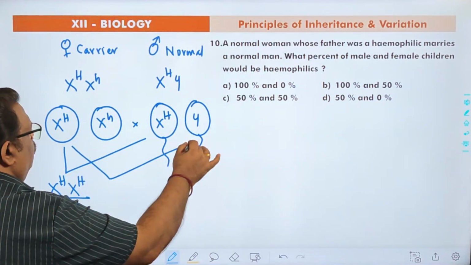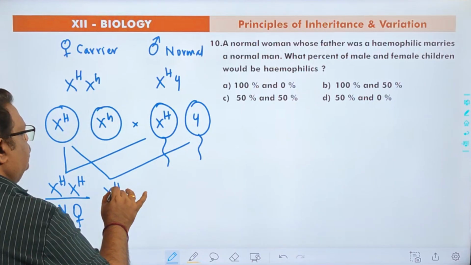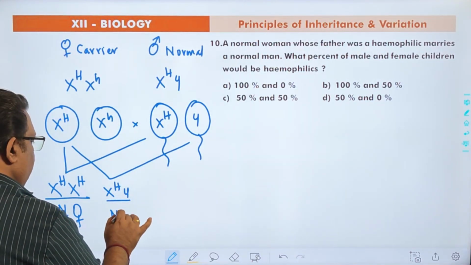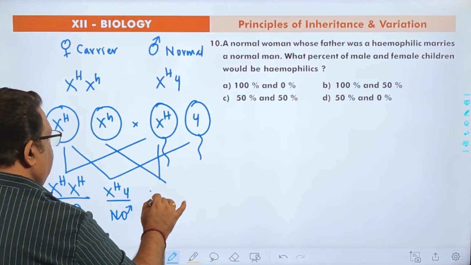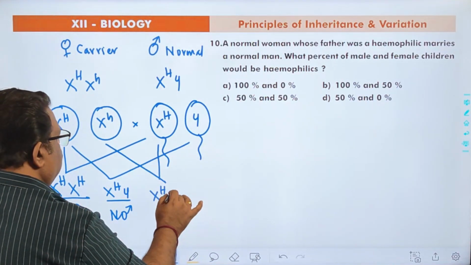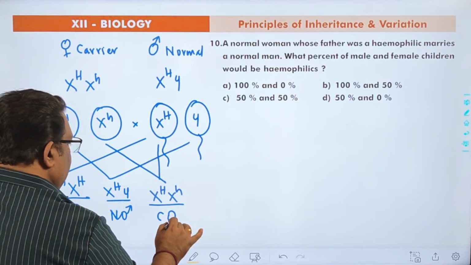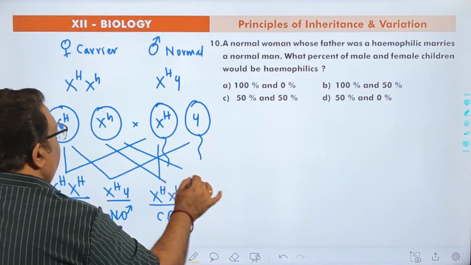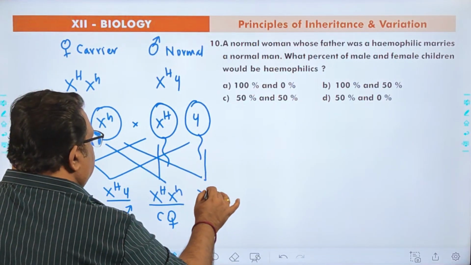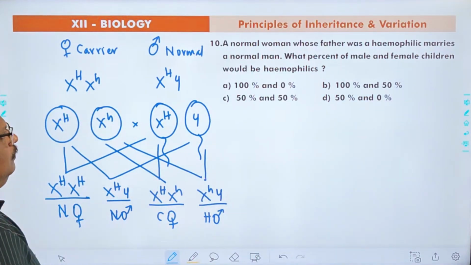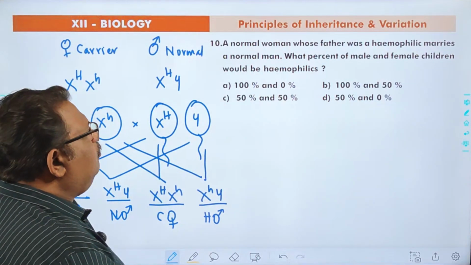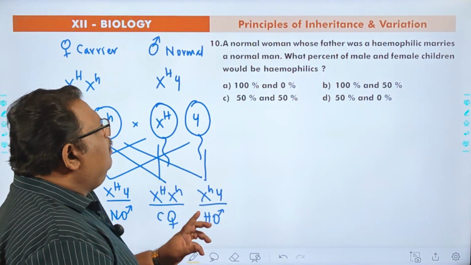X capital H Y is a normal male. X capital H X small h is a carrier female. X small h Y is a hemophilic male. So what percentage of male and female children will be hemophilic?